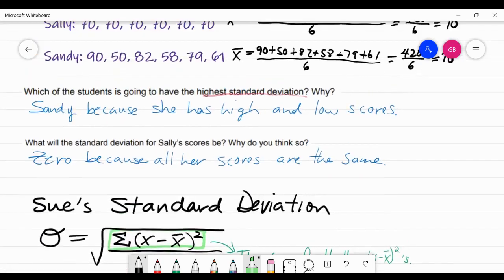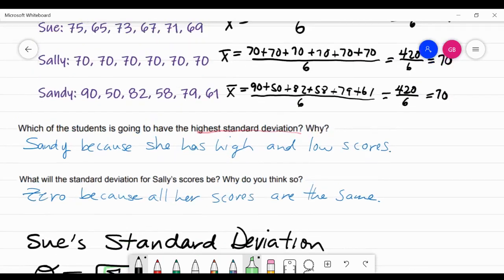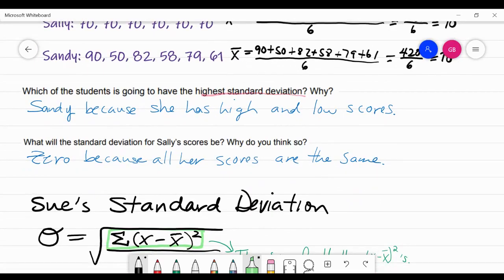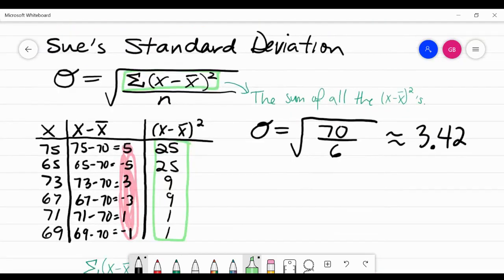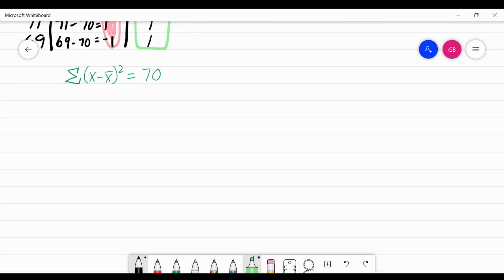So next, I'm going to find the standard deviation of Sandy. So I'll do it down here.